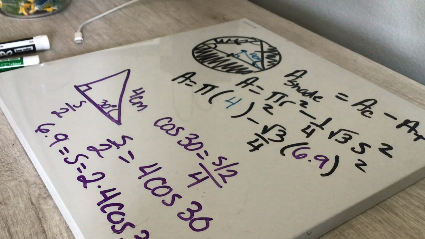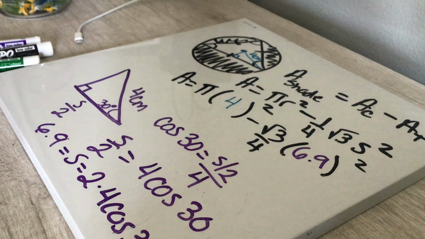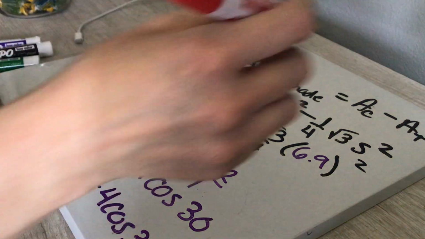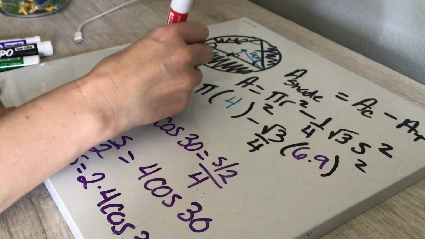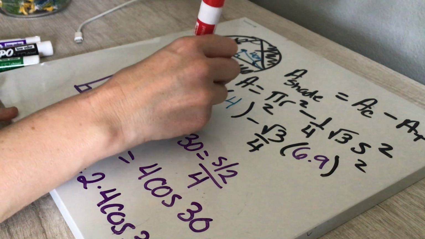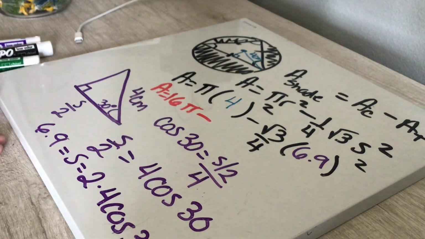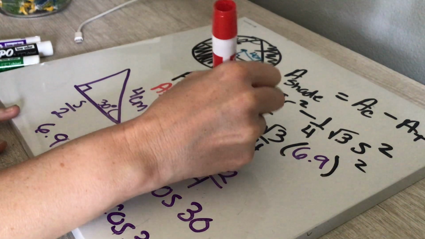So the area of the shaded region is going to be 16 pi minus 6.9 squared divided by 4 is 12 times the square root of 3.